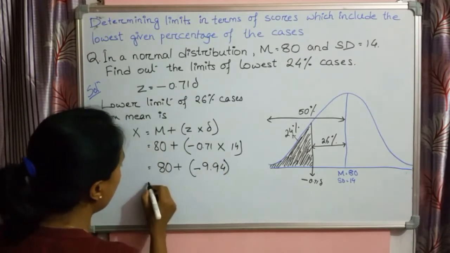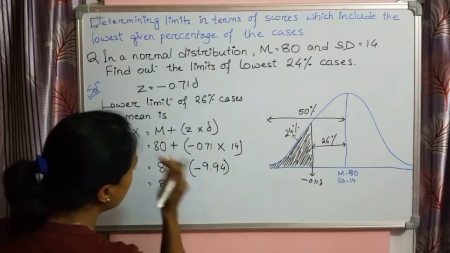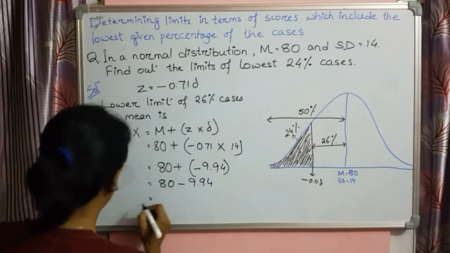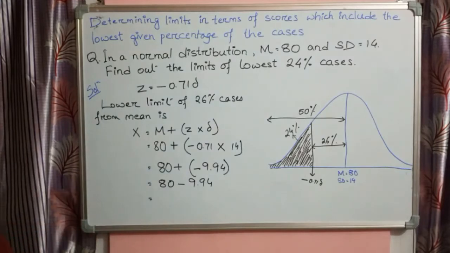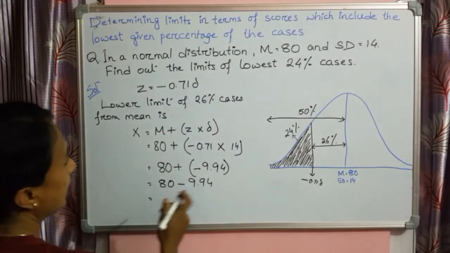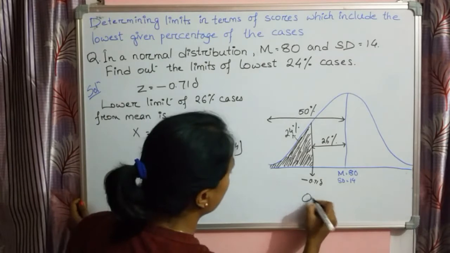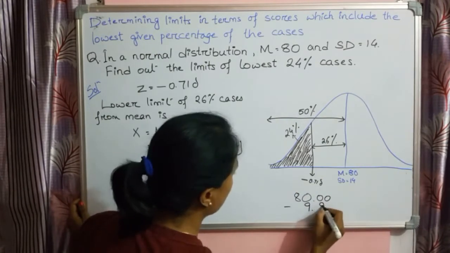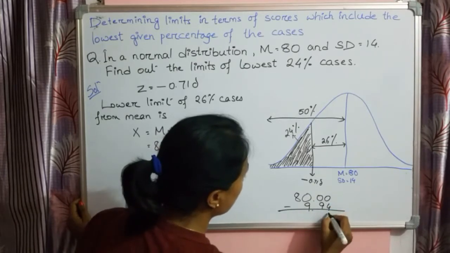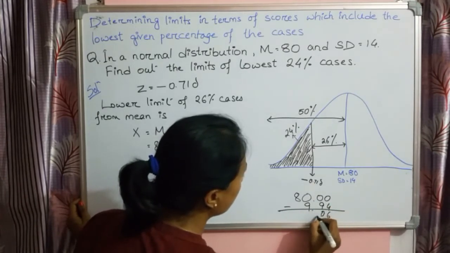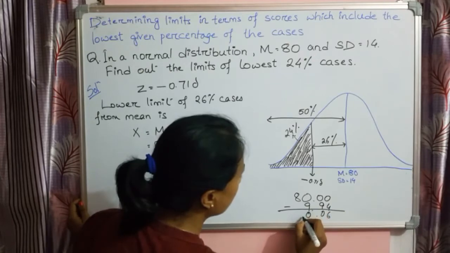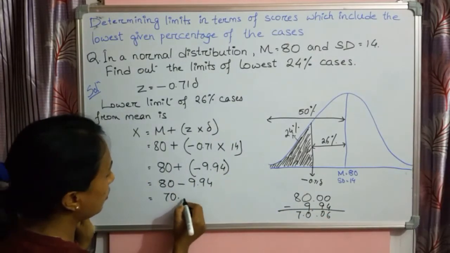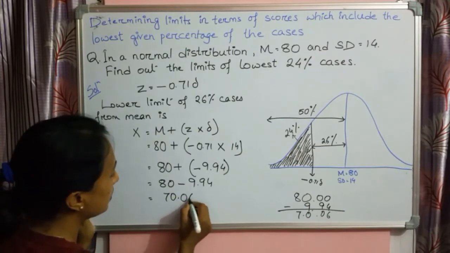This becomes 80 minus 9.94, and it comes to 70.06.